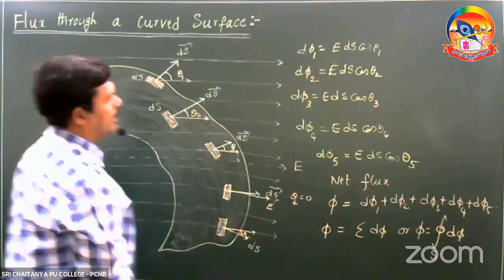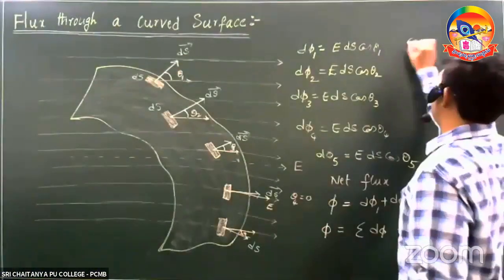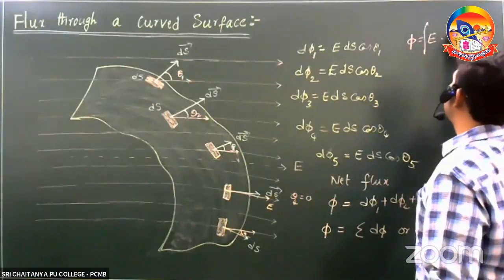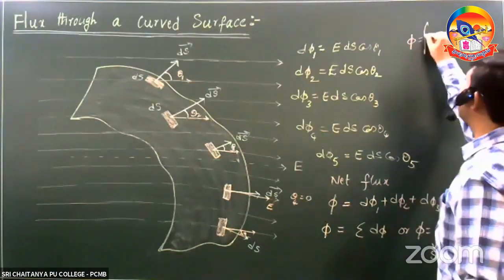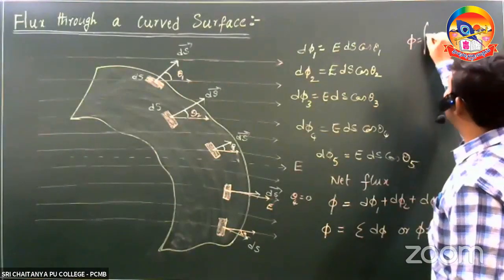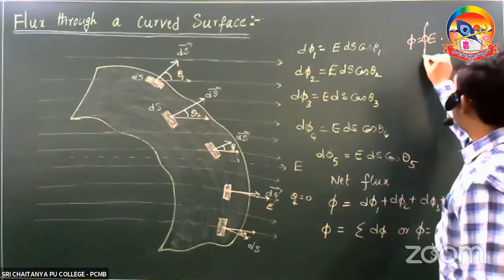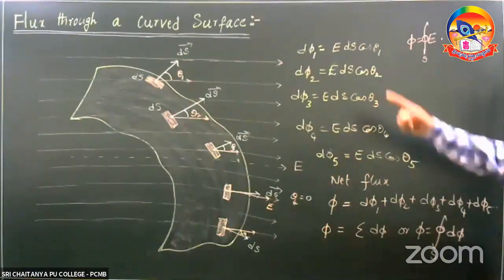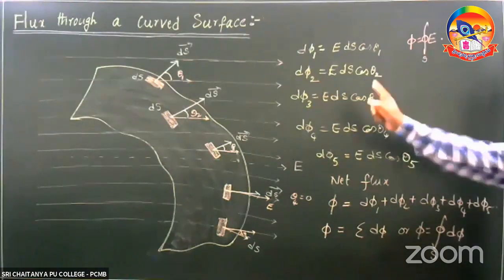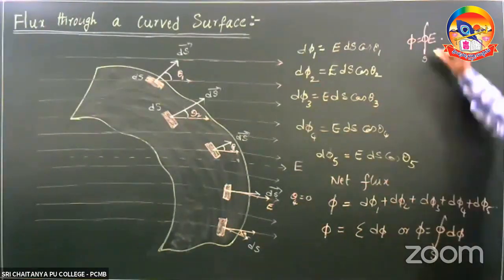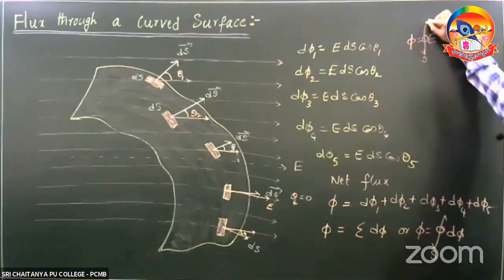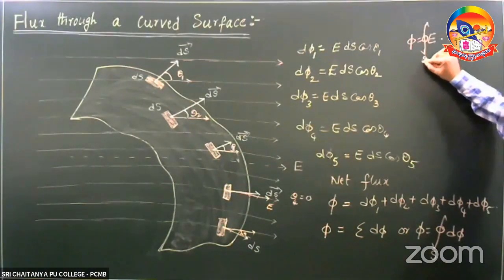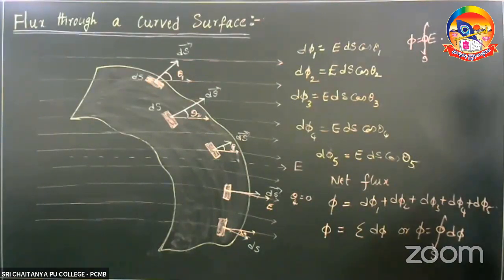So what is the final? Total flux through the curved surface, integral E dot ds. While writing, we take here one circle, or we take here S. It indicates it is a surface integral over a complete surface. Whenever on the integration there is a circle like this and S is present, it is a surface integral.